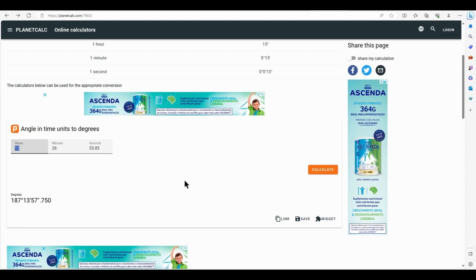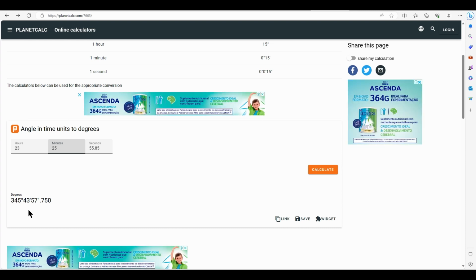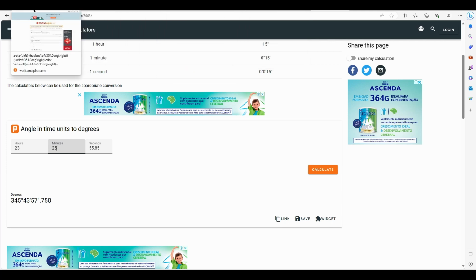Okay, 23 hours and 25 minutes. We got here 345 degrees and 43 minutes. So this is roughly 345.75 in decimals. I did it in my head, but you can do it in a more perfect way if you want.